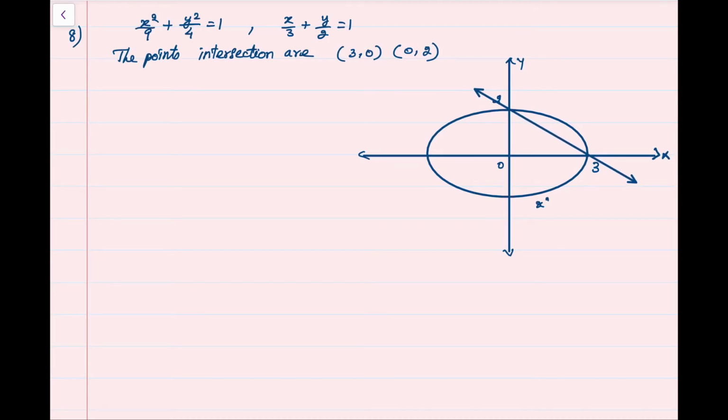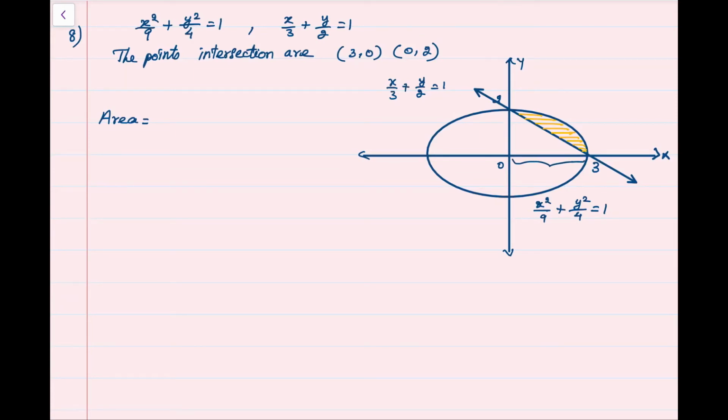Equation of the ellipse is x square over 9 plus y square over 4 equal to 1 and equation of the line is x over 3 plus y over 2 equal to 1. We have to find the smaller region bounded by ellipse and the line. The area is between two curves. We have to do upper curve minus lower curve. And for both the curves, the limits are 0 to 3.